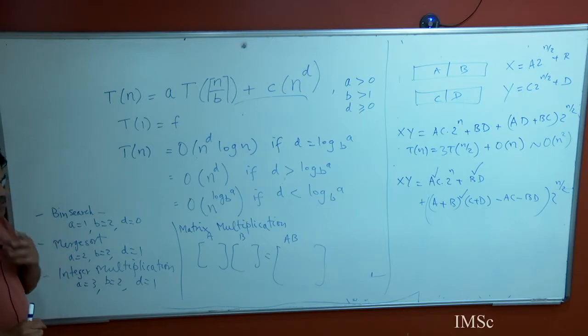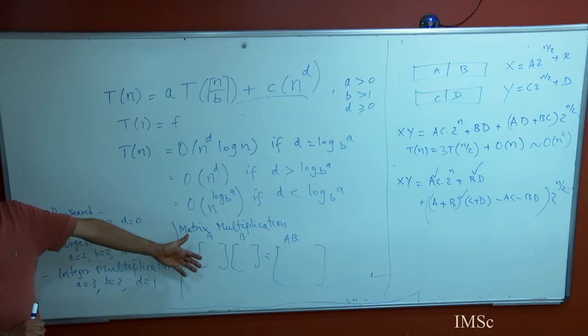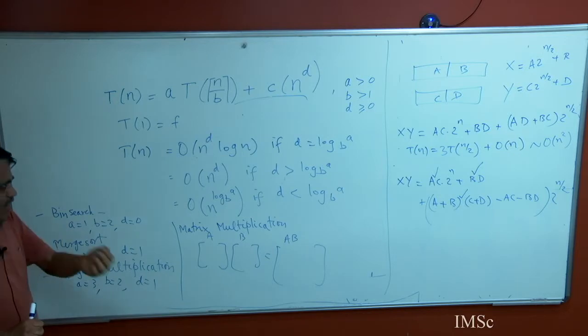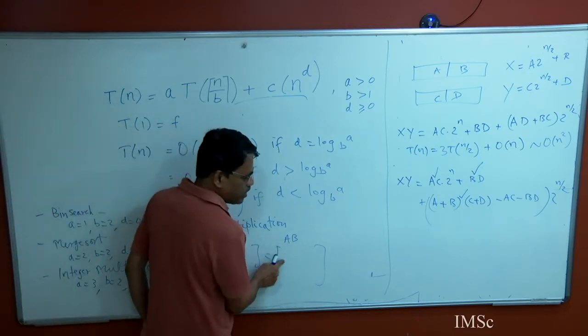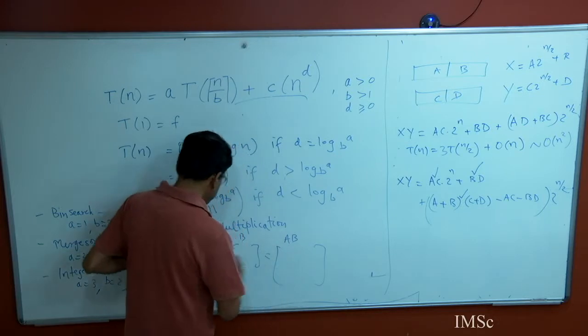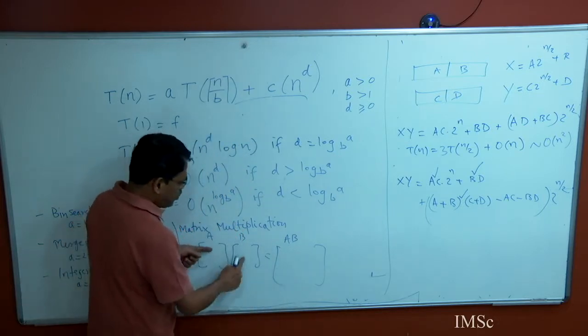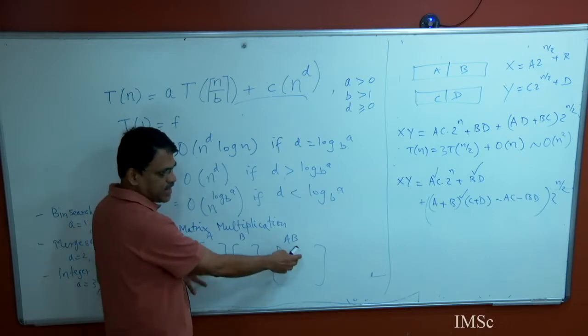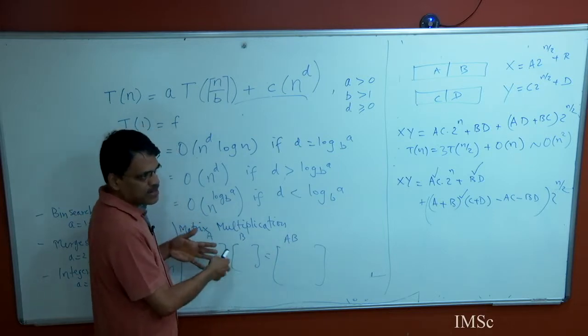Okay. So the naive way of doing the matrix multiplication will take how much time? n cube time, because there are n square entries you are computing here, and each entry you have to take one row and one column and multiply them. That's like n multiplications, n minus 1 additions.